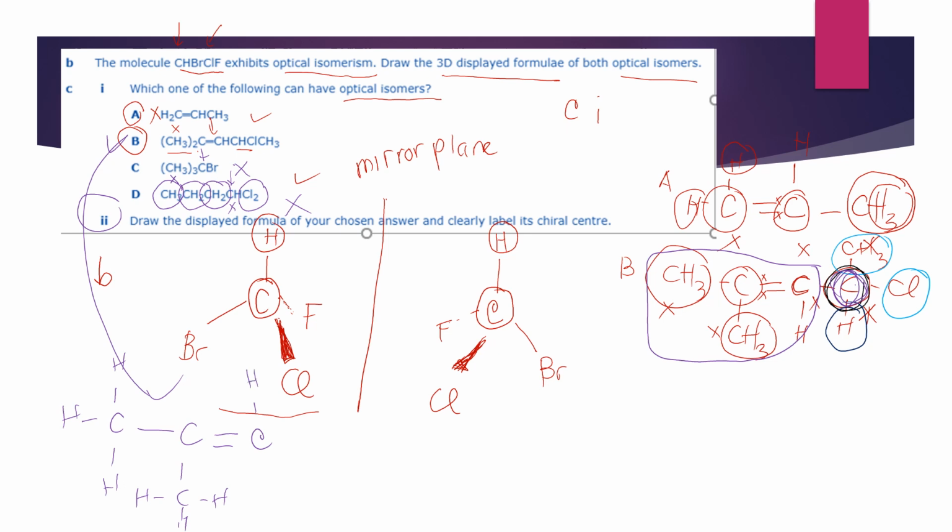The CH to CH once again. And then the CH to Cl and CH3. Open the CH3. And then the chiral center is this one. Like that. So this is number 2.